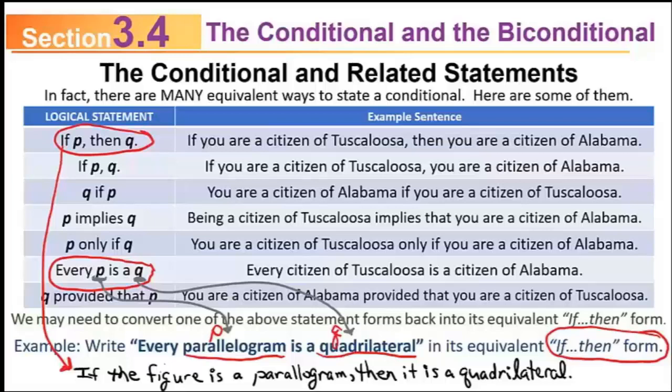So instead of saying if parallelogram then quadrilateral, I'll add words like if the figure is a parallelogram, then it is a quadrilateral. So it's really just that simple. You're going to use that chart to turn the statement back into if P then Q, and if it's necessary to add a few words to make it sound better grammatically, then you can do that as well.